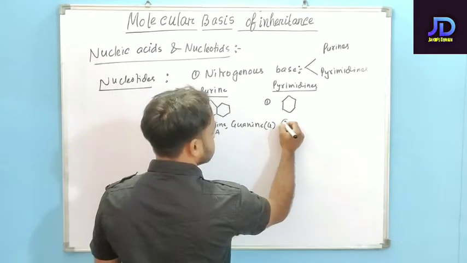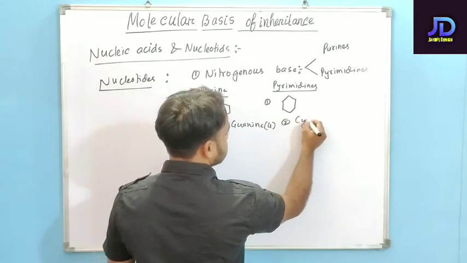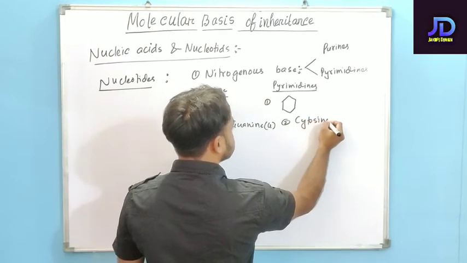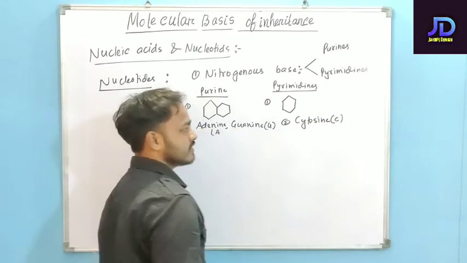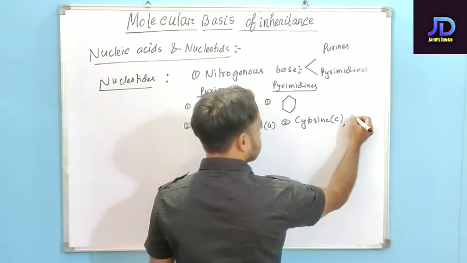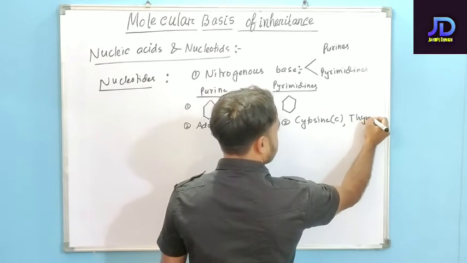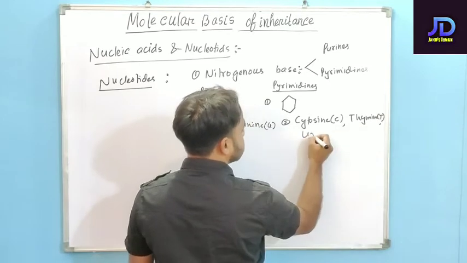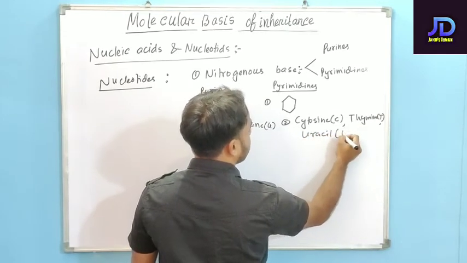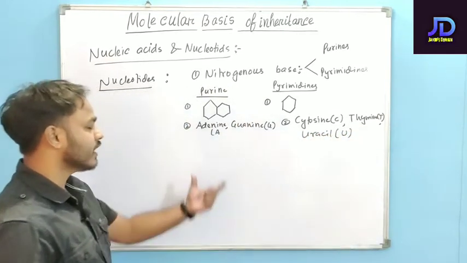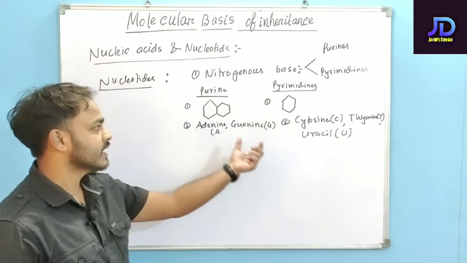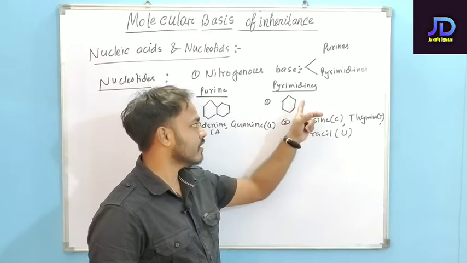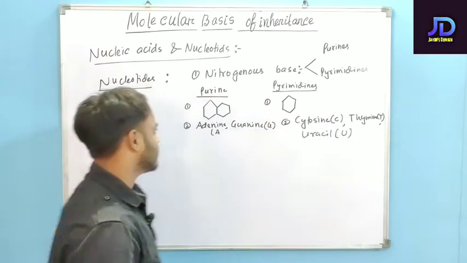Likewise, pyrimidines will be cytosine, in short C, thymine, this capital T, and uracil or U. Understood? Adenine and guanine are called purines, thymine, cytosine and uracil are called pyrimidines, right?